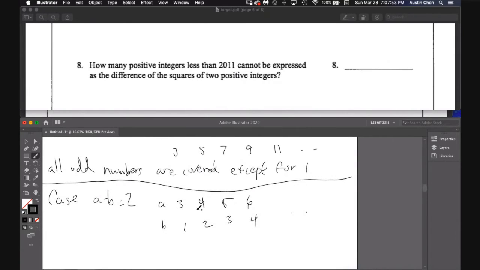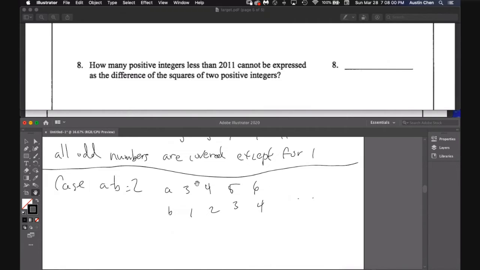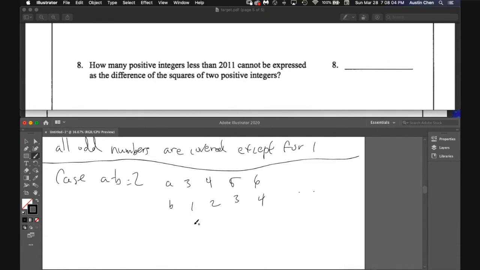So let's find what they directly are and see if we can find a pattern after we've listed them out. This sum is going to be 4. You multiply that by 2, that's 8. The sum is 6, we multiply that by 2, that's 12. The sum is 8, we multiply by 2, that's 16. This sum is 10, we multiply by 2, and it is 20.